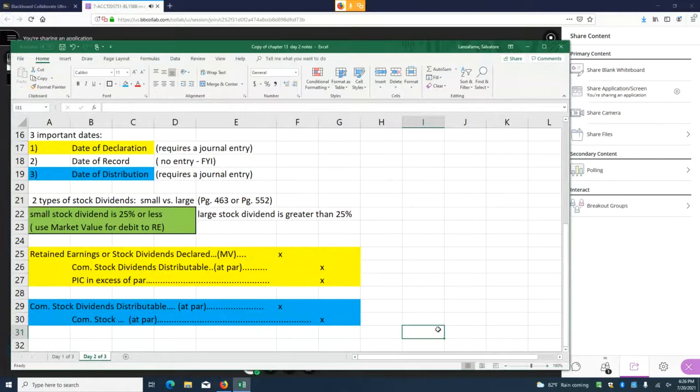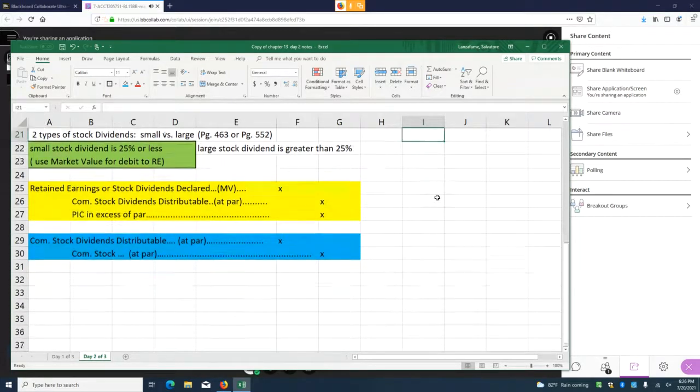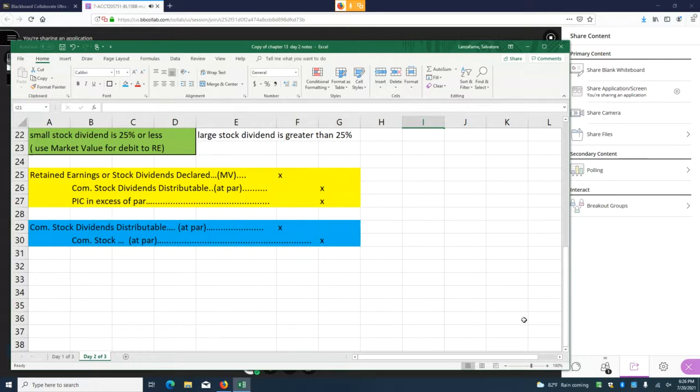This is just the temporary version of the common stock. And we're going to do an example with numbers so that you can see. But I just wanted to lay out the wording and things of that nature.